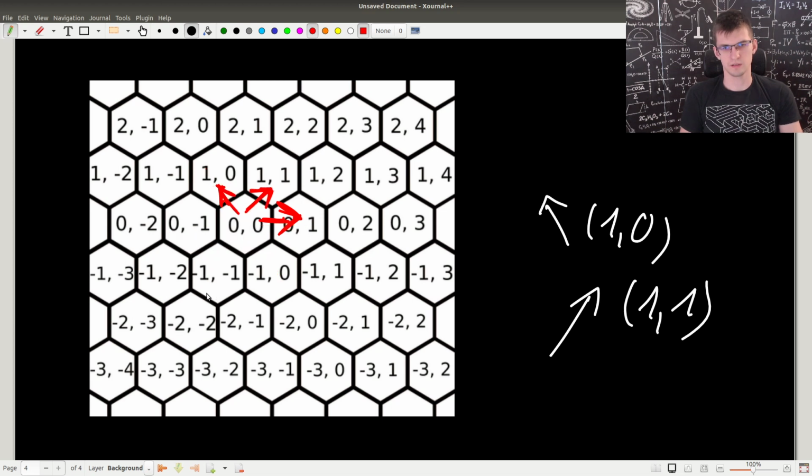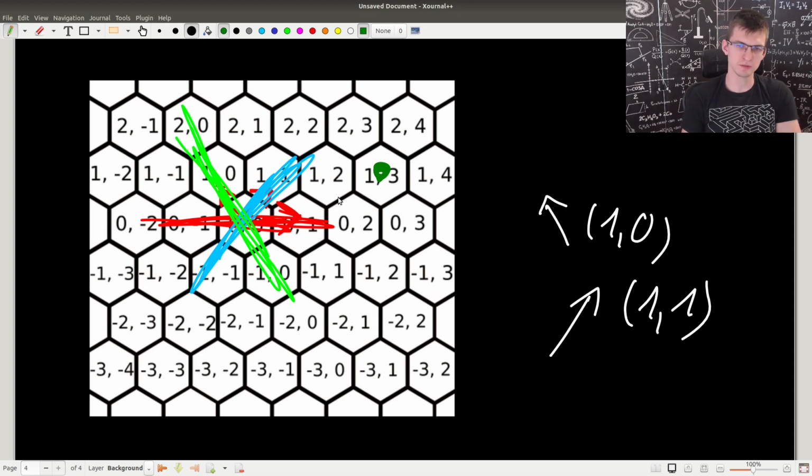Okay, I will say that there are 3 directions. There's red direction, light blue, and green. If I want to get over here, I will just combine 2 of them.